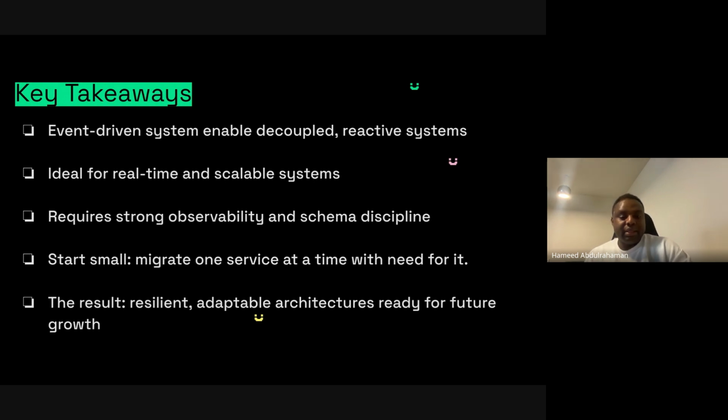Another thing is that it requires strong observability and schema discipline. I think we've made mention of observability. It's really important for you to know how the pattern of the events is going around your system.